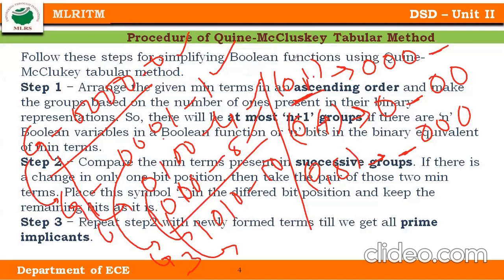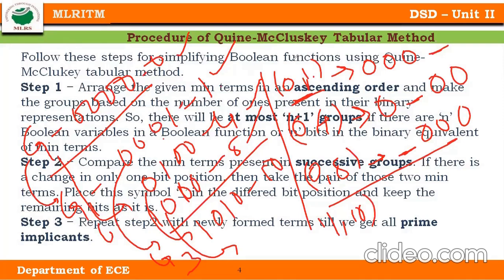Now like that, when this is completed, I do the same for the next group. Here 1 and 4, 1 and 10: if I'm comparing 1 and 10, there are 2 changes, so it is not possible to group, leave it.